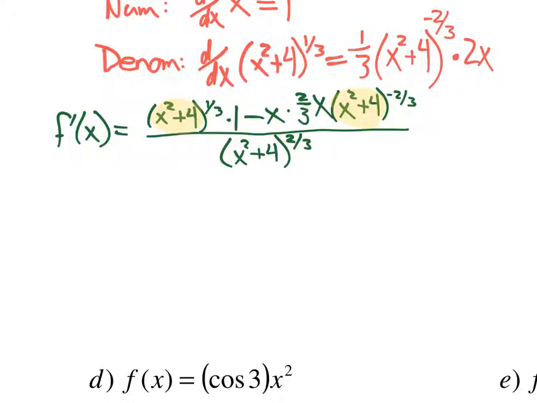So I'm going to factor out the 1/3, but I'm also going to factor out the x squared plus 4 to the negative 2/3. And you're thinking, how in the world do we do that? Okay, well, let's just do it carefully, all right?